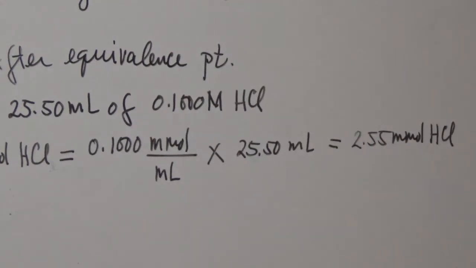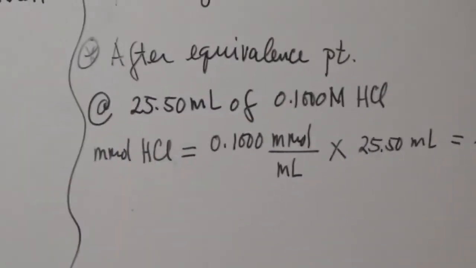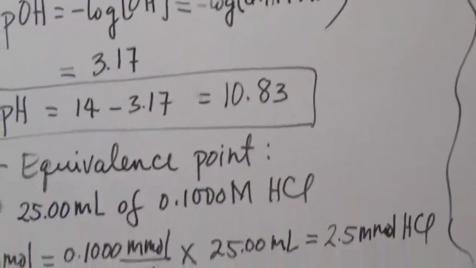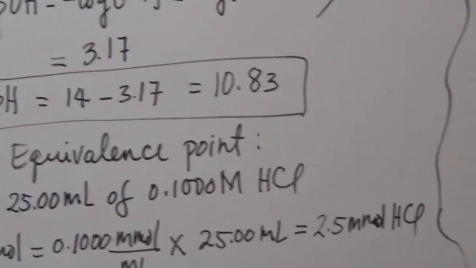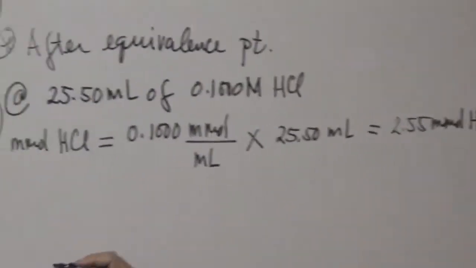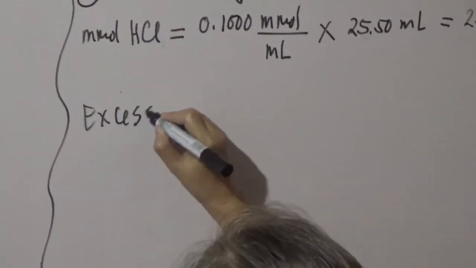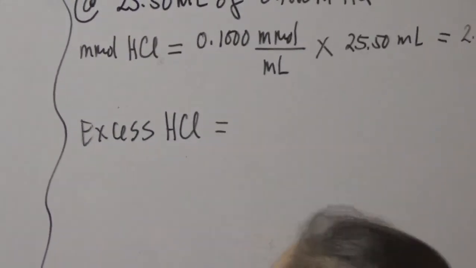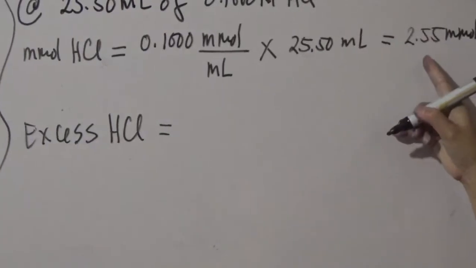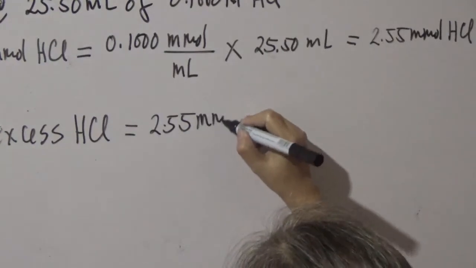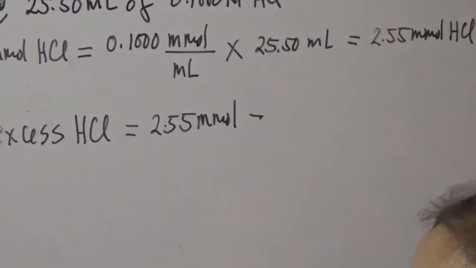Okay? Now, since there is 2.5 millimole of sodium hydroxide initially, and all of this has been consumed at 25 ml of 0.1 hydrochloric acid, at this point, what is in excess is hydrochloric acid. So the excess now here is hydrochloric acid. How much? That is 2.55 millimole minus the one that has been reacted, which is 2.5.